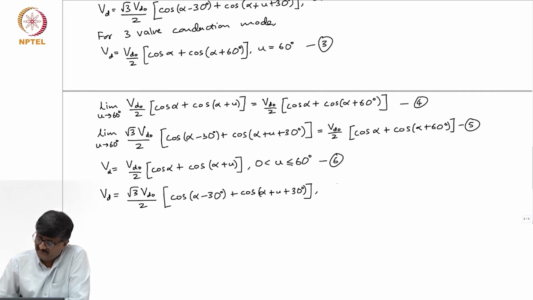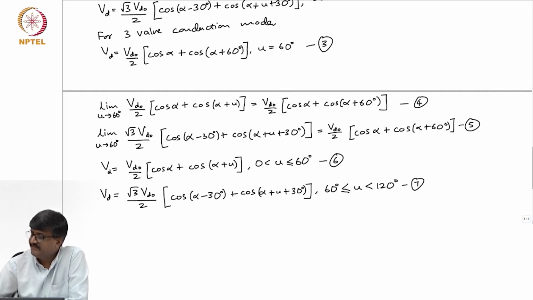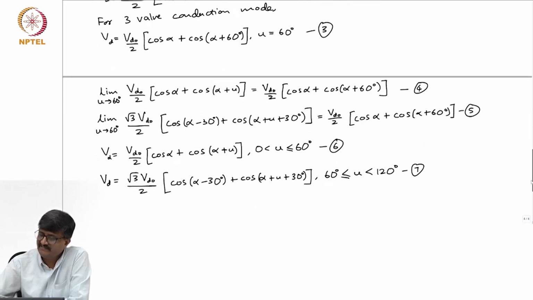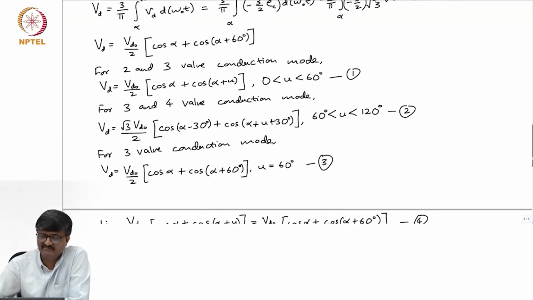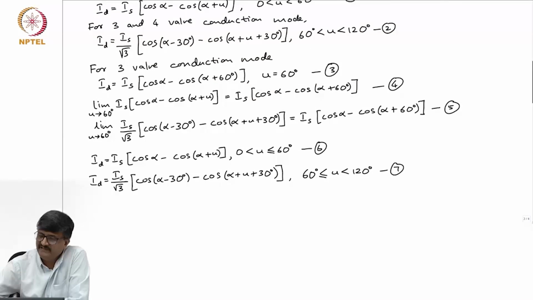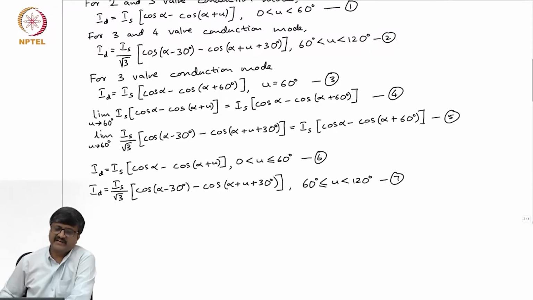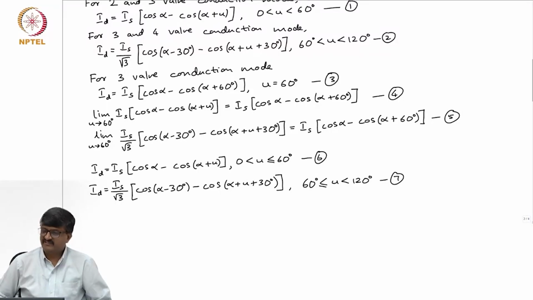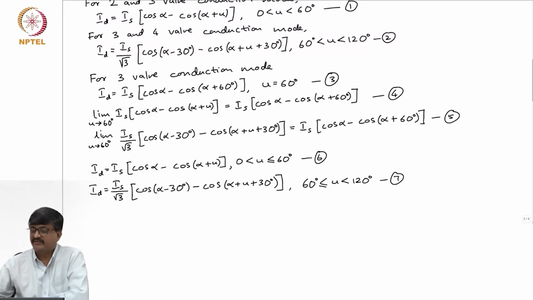So this equation is valid for not just u greater than 60 degrees and less than 120 degrees, but also for u equal to 60 degrees. So essentially it says that 6 and 7 can be used instead of 1, 2 and 3. This is the same as what we did for the equation relating Id, alpha and u. 6 and 7 can be used instead of 1, 2 and 3.